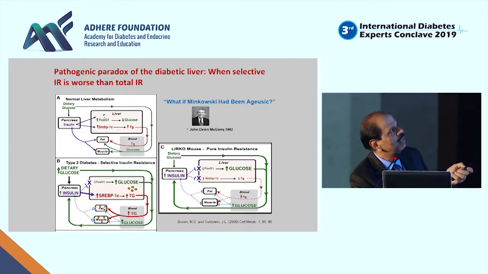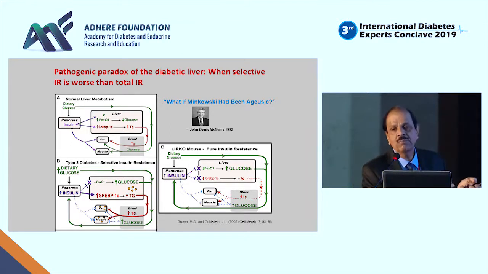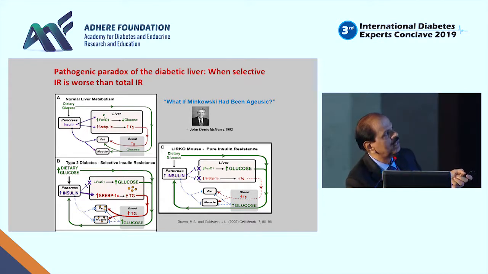So whenever it is a normal person, the action of insulin in the liver is to depress the glucose production, or store the glucose as glycogen, or if still excess glucose comes, convert the glucose into triglycerides. That's the function of a normal liver. The triglycerides act as a source of energy, and can be stored in the fat cells and in the muscles. So this is a normal person.